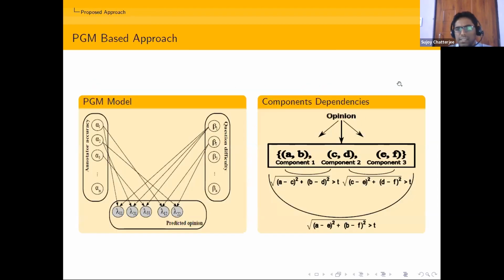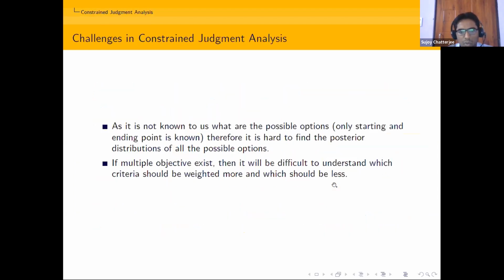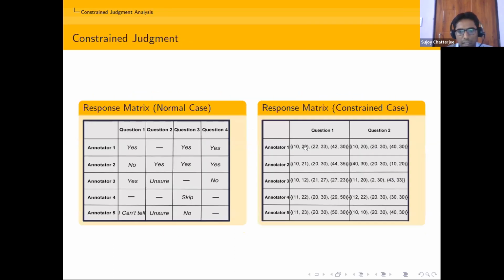This is the opinion here: this is for the first component, this is for the second component, this is for the third component. There are Euclidean distances, and these should be satisfied, greater than T, where T means threshold. While crowd workers are giving their opinion, they are satisfying their constraint. They know that they should keep the 20 distance.